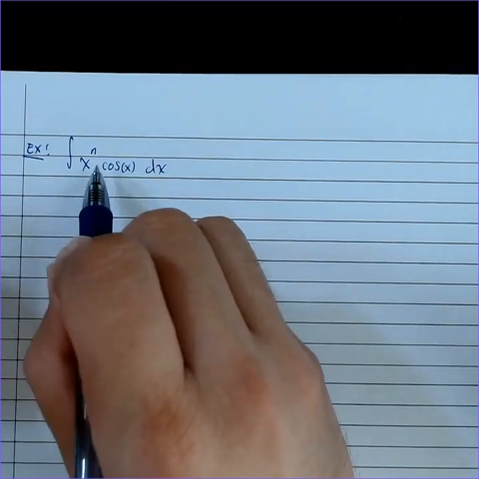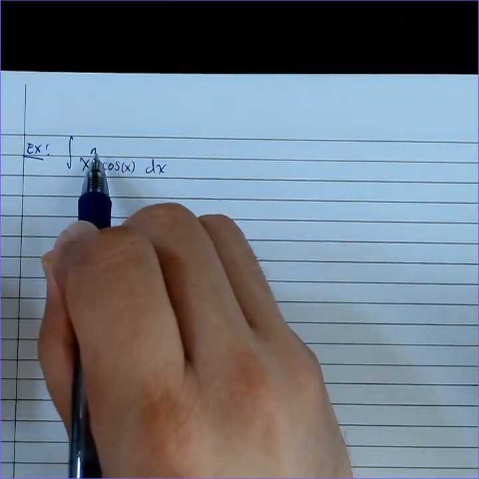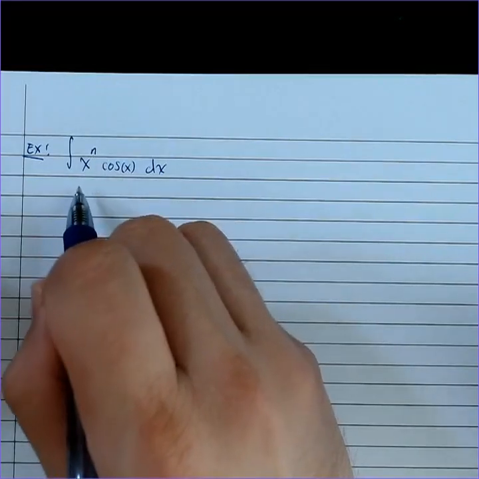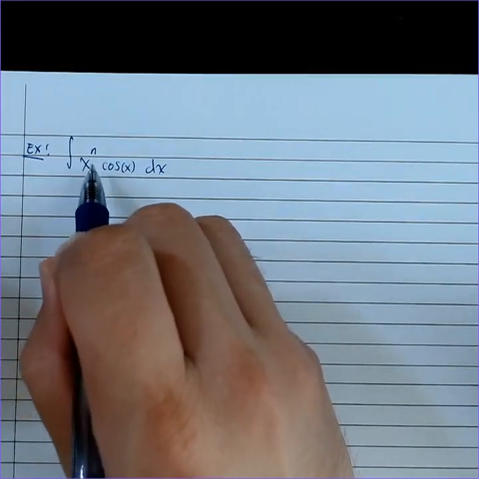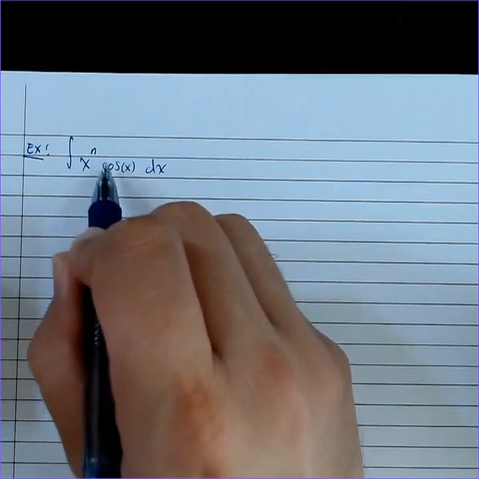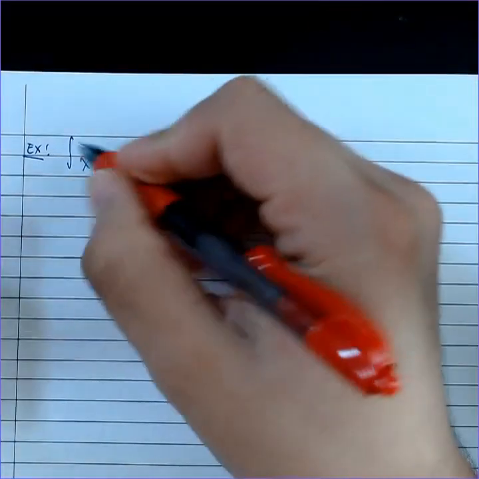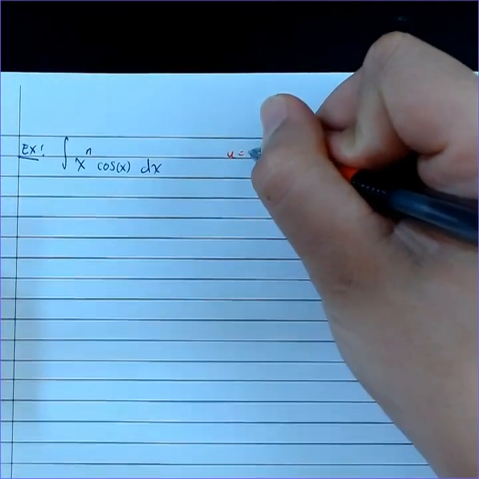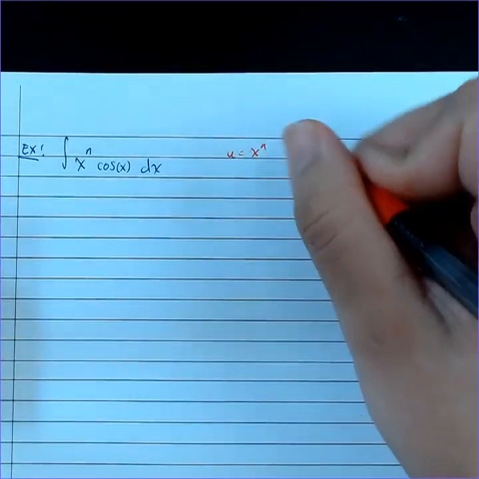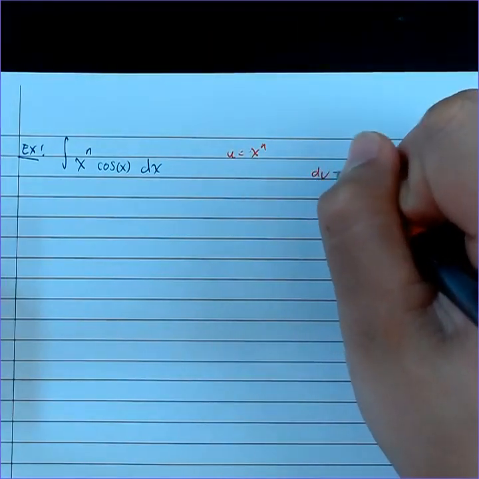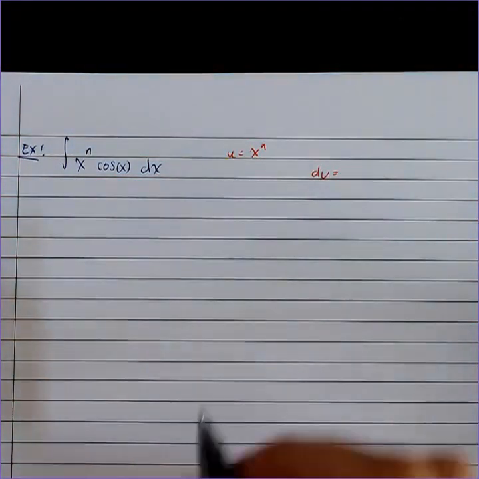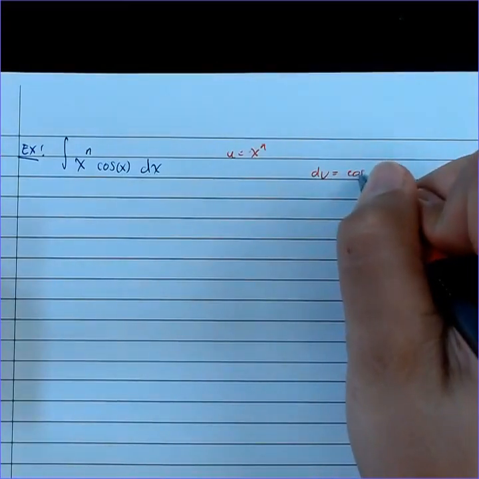I know if I take the derivative of x to a power, it might take a long time, but eventually I'll get down to a power of 0. So this will never get simpler, no matter how many times I derive, but this one eventually will. So let me call that my u. U is equal to x to the power of n, which means dv must be everything else, in this case, cosine of x dx.